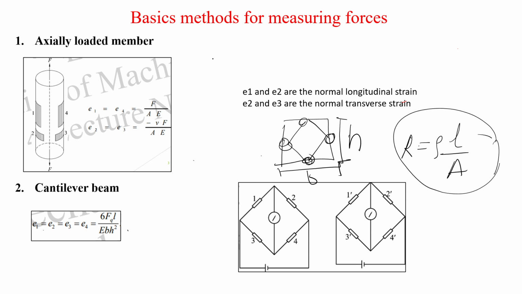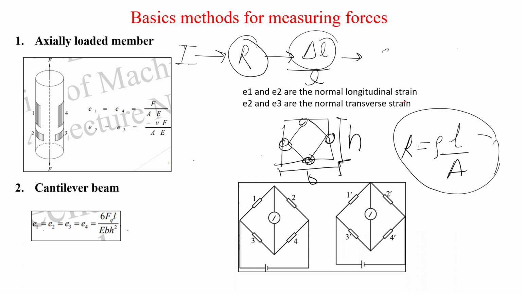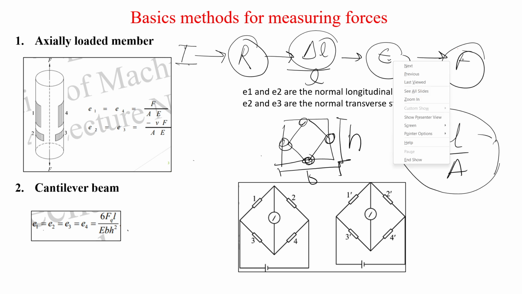Very simple. You apply current I, there would be a resistance. Resistance means there would be some change in length, del L by L. This would cause the strain, and from strain you can calculate the force. Similarly here, you are applying current, then because of change in length, some strain is developed, and from the strain we can calculate the force.